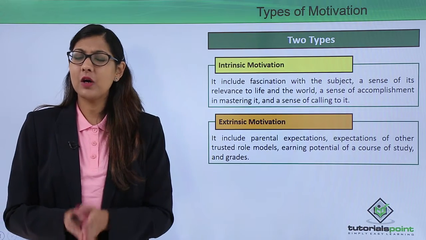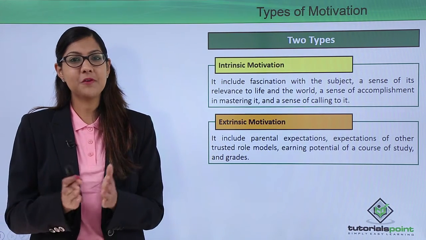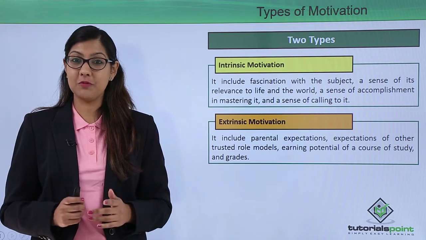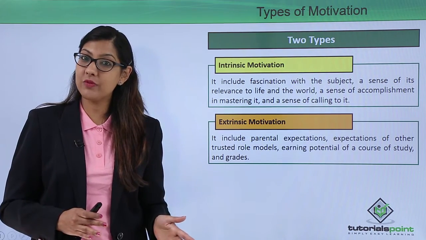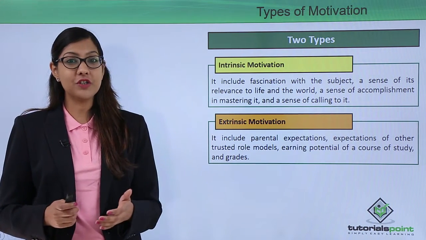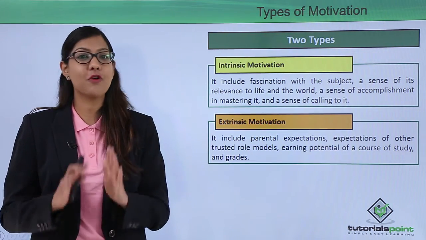Friends, let's look at what exactly these types of motivation are. According to research, there are two types of motivation, intrinsic motivation and extrinsic motivation. Intrinsic motivation is when a person is motivated from within.